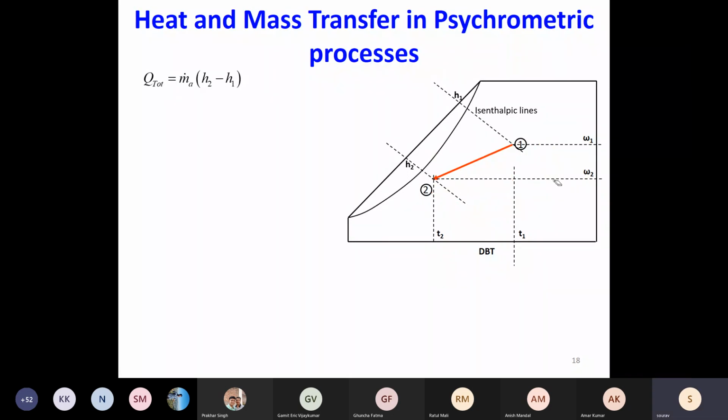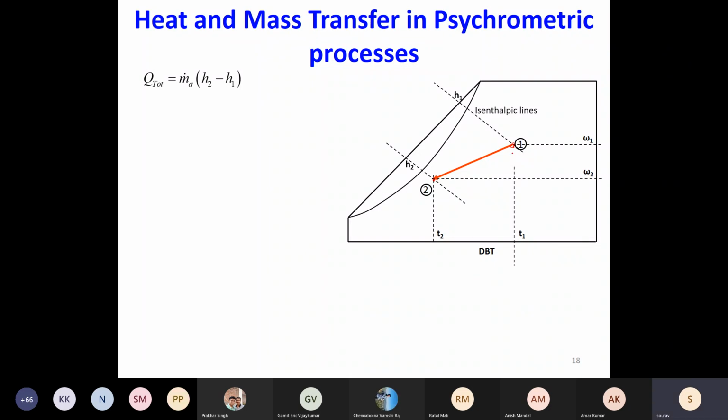So in order to determine the process, if I have to draw the process line on the psychrometry chart, if I know the initial state point and final state point, then straight away I know the process.